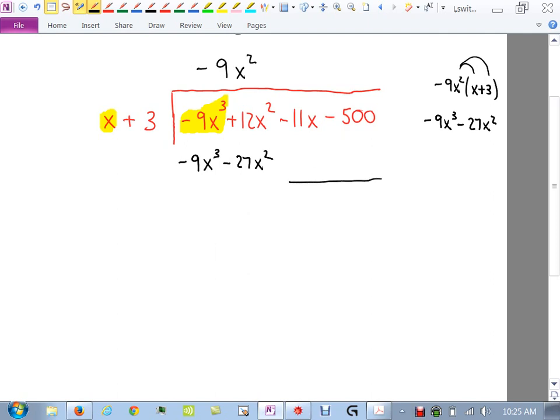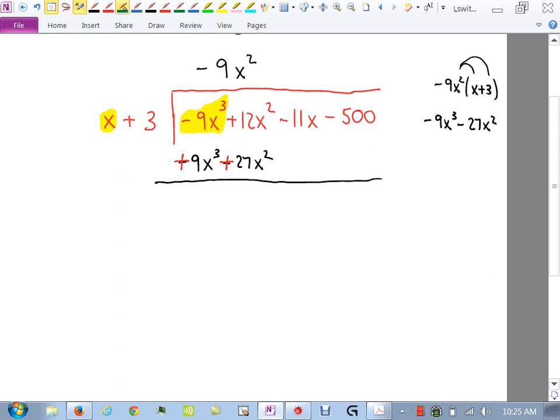Then come through and subtract, which means change our signs. They're negative, aren't they? So they both become positive. All right.